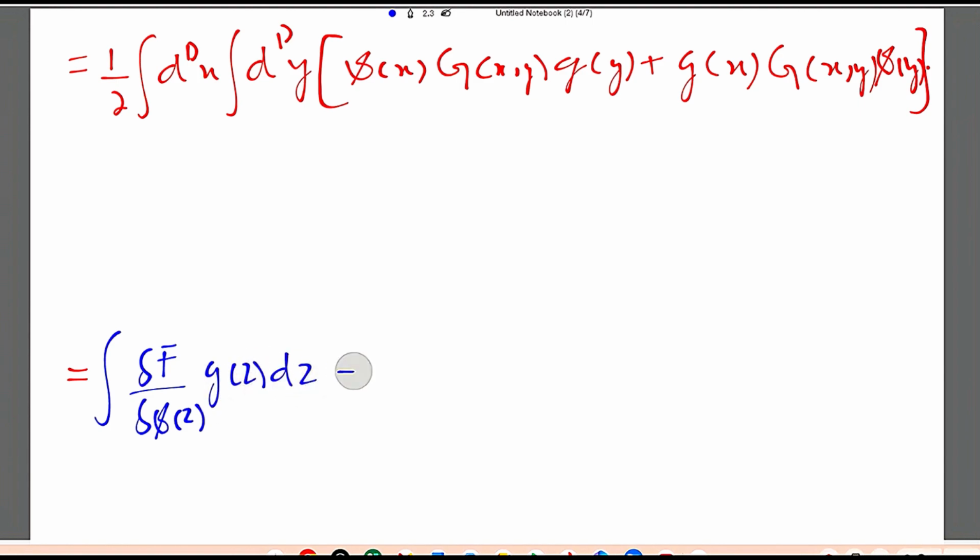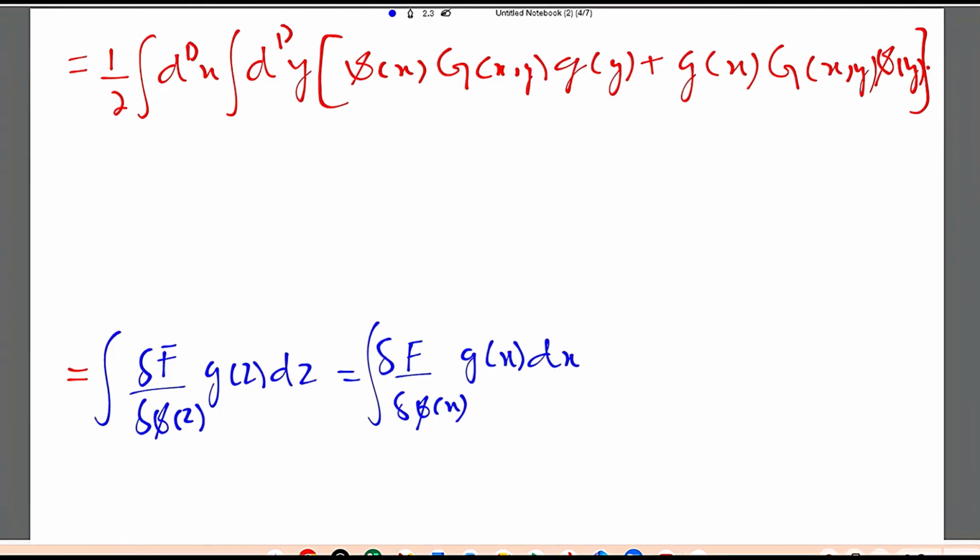Since I wanted to calculate the functional derivative with respect to phi of x, let's write down x here so that it's even more clear the kind of form that we want to achieve at the end. It will help us to formulate the steps accordingly.